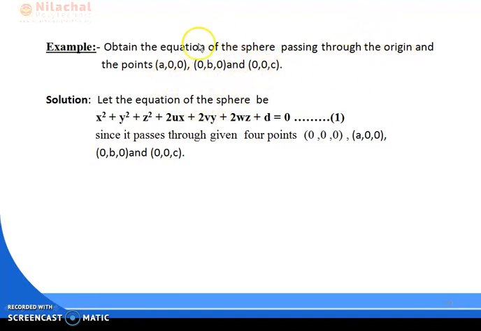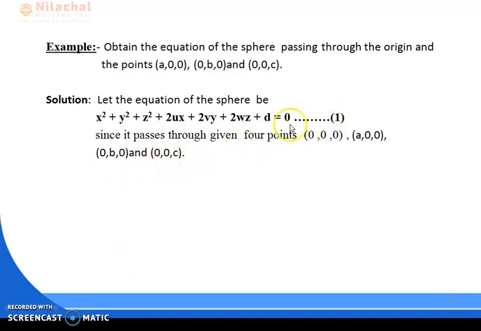That means totally 4 points are given on the sphere, so the sphere passes through these 4 points, and also you can say that these 4 points lie on the circumference of the sphere. First of all, we let the equation of the sphere be our general equation. Equation number 1: x square plus y square plus z square plus 2ux plus 2vy plus 2wz plus t equals 0.